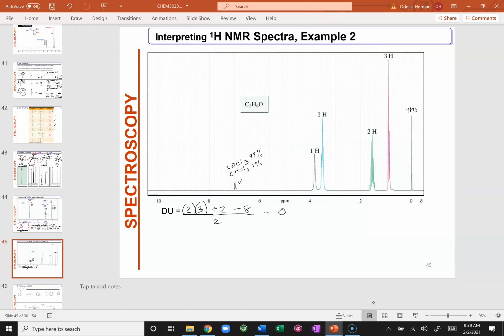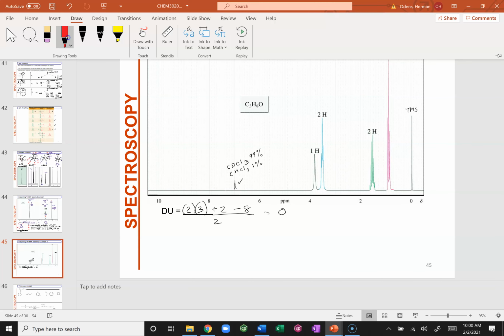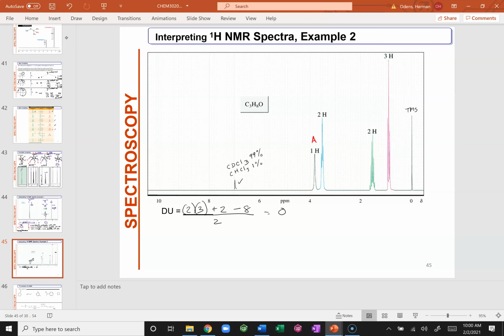All right? Okay. So here we go. The next thing you'll do is always lay your signals from left to right, A, B, C, and D. All right. So let's put this together. So notice that since I have an oxygen, unfortunately I have the infrared here, but the infrared will confirm this.